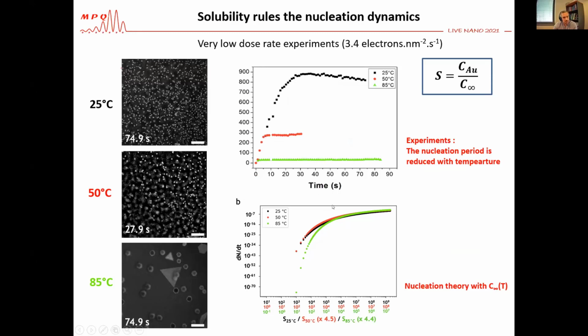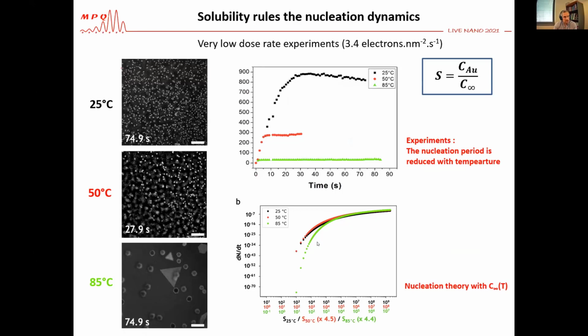And you see now that the nucleation rate drops much more rapidly when the supersaturation decreases at 85 degrees, which perfectly explains why the nucleation period is so short at 85 degrees.